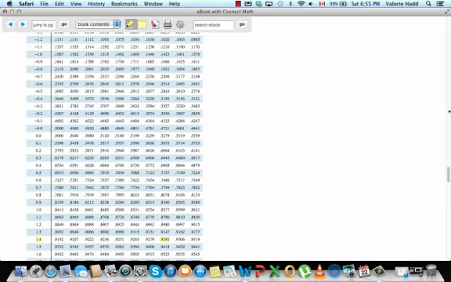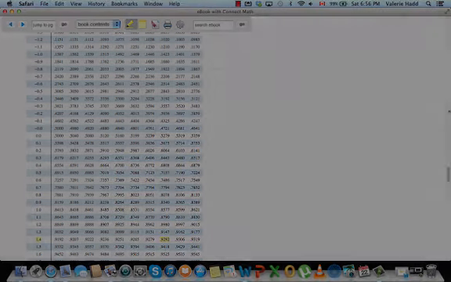Okay, and that would give us the area to the right. So we would do 1 minus 0.9292, and we would get an area under the curve of 7.08% or 0.0708. Okay, so that's how we would do this.